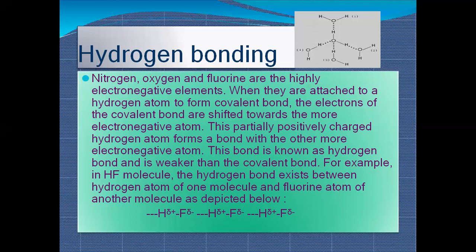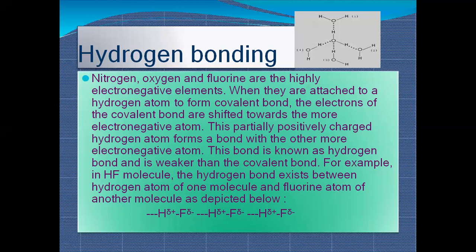So what happened? This partially positive hydrogen atom forms a bond with the other, more electronegative atom. This bond is known as the hydrogen bond, and it is weaker than the covalent bond. Why weaker?